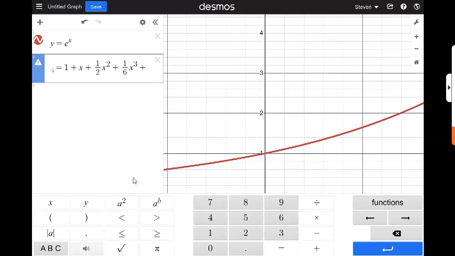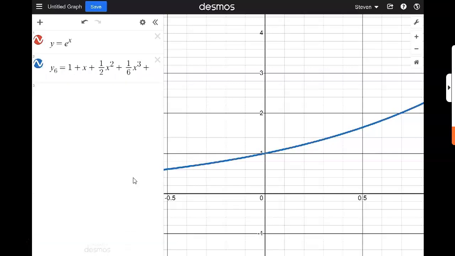Plus 1 over 24 x to the 4th. Plus 1 over 120 x to the 5th. Oops. Plus 1 over 720 x to the 6th power.